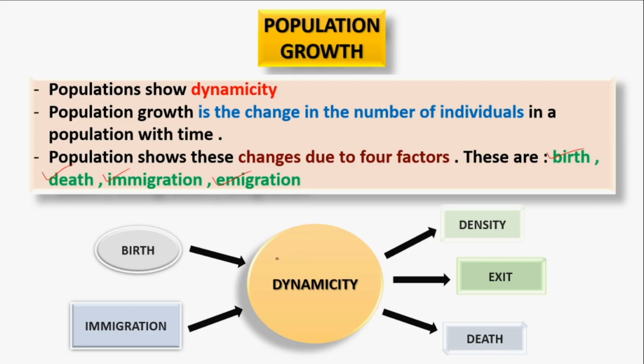As you can see, the population shows dynamicity, and birth and immigration result in an increasing number in any population, while exit and death may cause a decrease in the individuals in a population, and the density of a population also has a role in population growth.